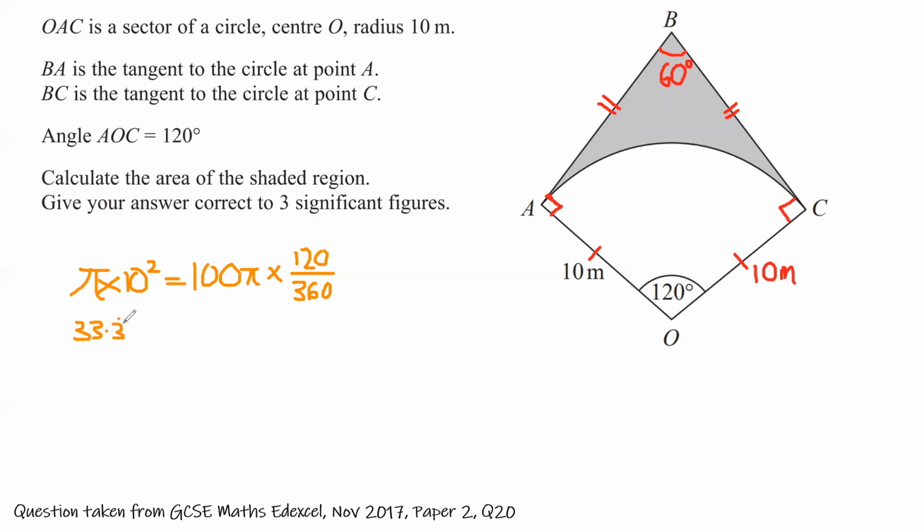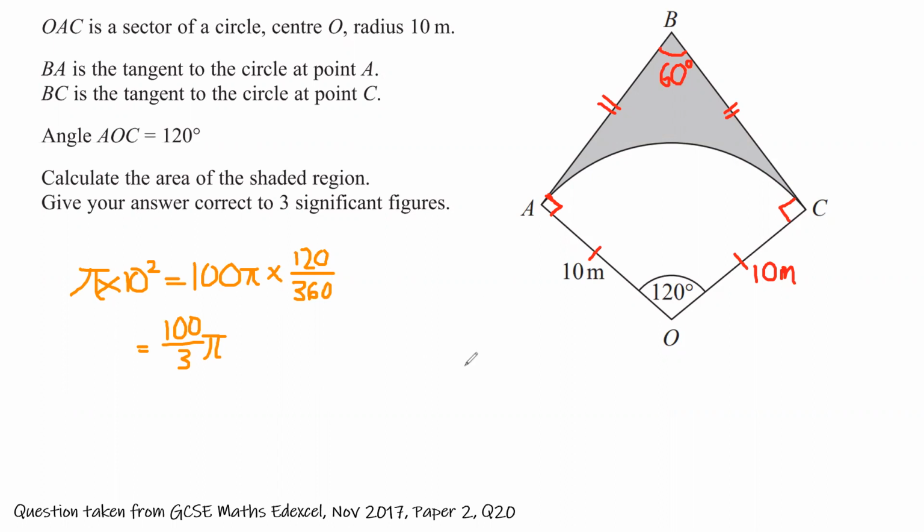That will give us 33.3333 recurring pi. If I were you, what I'd probably do is keep it as 100 over 3 pi, and that way we're not going to be introducing any rounding errors, because as soon as you start to round it here, you then potentially cause yourself some problems later on.